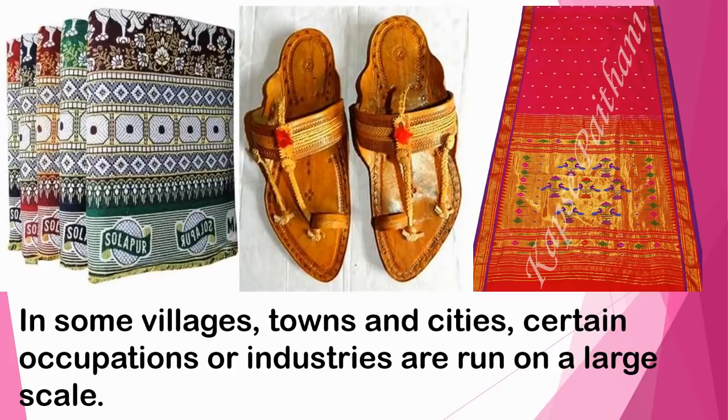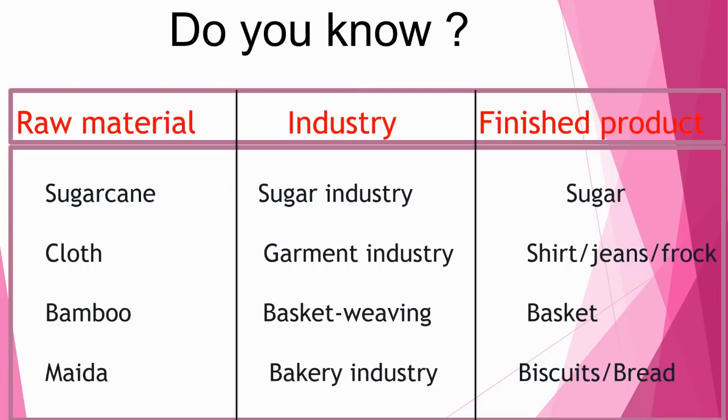Students, the table below shows how the raw material, industry and finished product are linked. In the first column is raw material. The first one is sugar cane. Industry is sugar industry and the finished product is sugar.